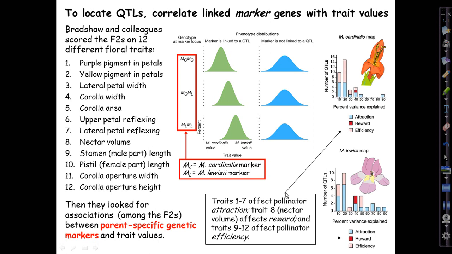And what they found was a goodly collection of linked markers that did predict effects on the phenotypes of interest, these 12 traits. And so these histograms just show the percent of variance explained by various of the quantitative trait loci that were formally identified by their linkage with markers.